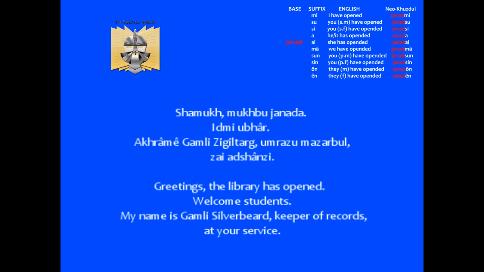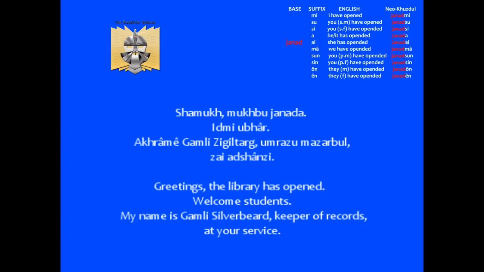Next segment of this line is umrazu mazarbul. Umraz meaning keeper, u in the end indicating of, so keeper of. We've briefly seen this form earlier when we discussed ubrak, baruk, and barku. In simple terms, this is a possessive form.